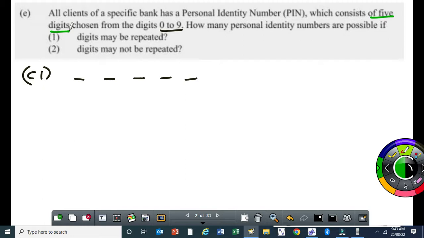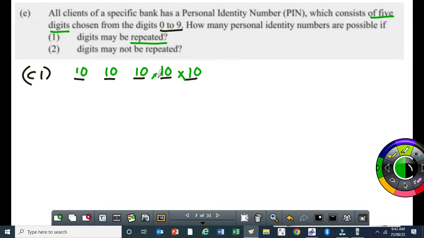So the first position can be taken by all 10. But repetition is allowed, so the second position is also 10. Are you following that? The third position is also 10. The fourth, 10. The fifth, 10.